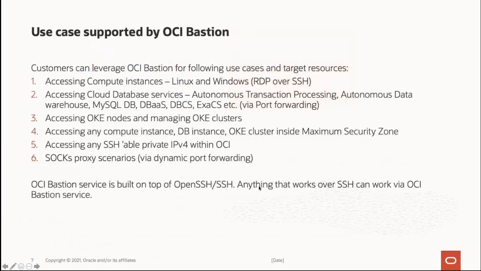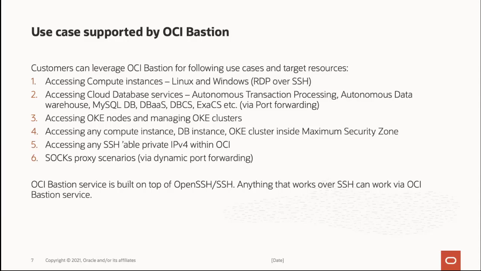So we support plenty of use cases. We have made our service in a way that we cover a breadth of cases. You can use the OCI Bastion service to access compute instances, either Linux or Windows. You can use this to access cloud database services like Autonomous Transaction Processing Database, Autonomous Data Warehouse, MySQL, DBAS, DBCS, ExaCS.